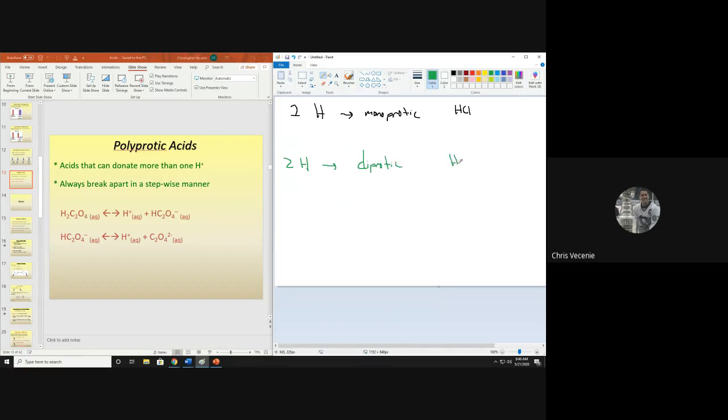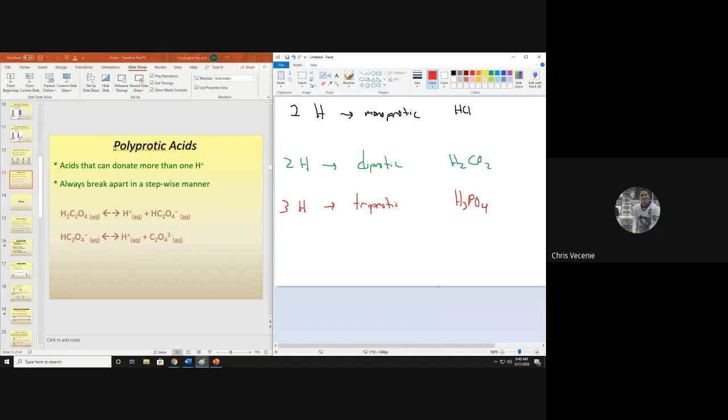Something like H2CO3, carbonic acid. If you can give 3 H's away, no shock here, you are triprotic. And a good example of a triprotic acid would be H3PO4. And then anything more than 3, they just generically call polyprotic.